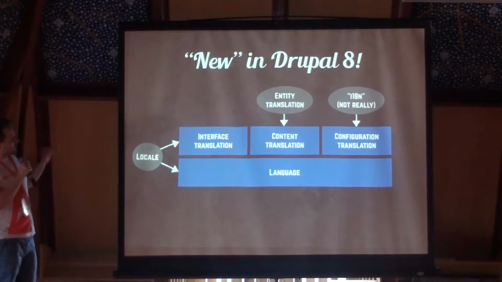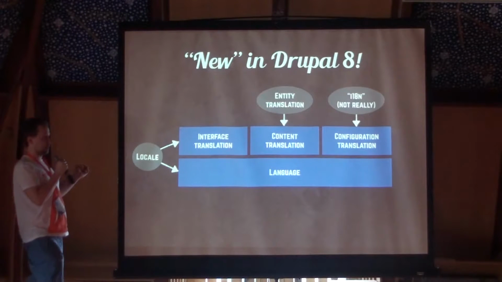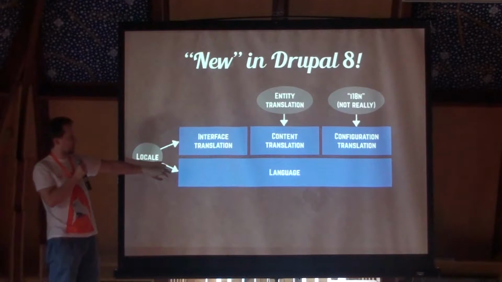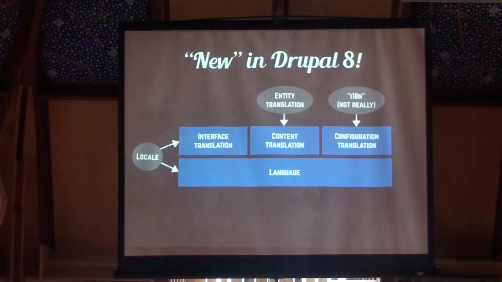So if you know Drupal 7's multilingual features, then that circles around the locale module, which handles languages and interface translation. So in Drupal 8, we decided to split these into two modules called language and interface translation, because there's a lot of responsibilities that we've added to these modules.